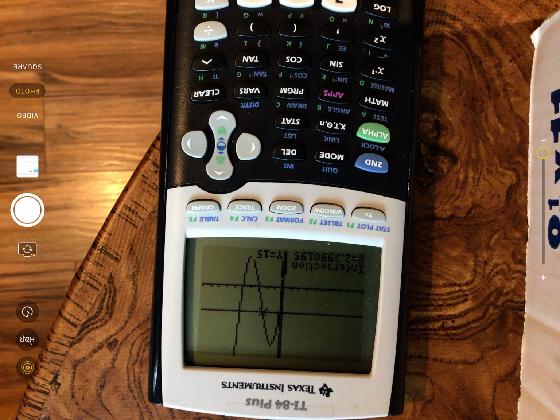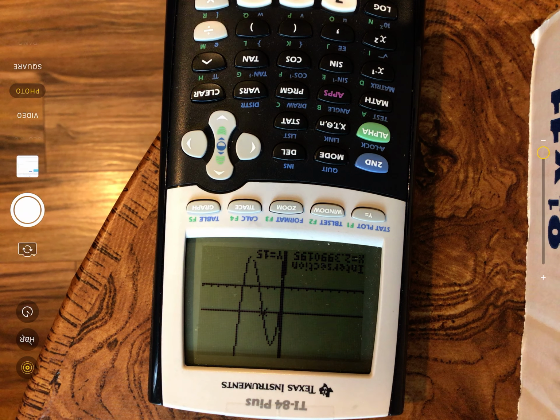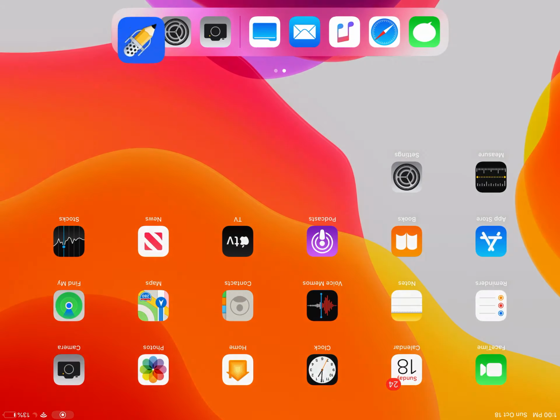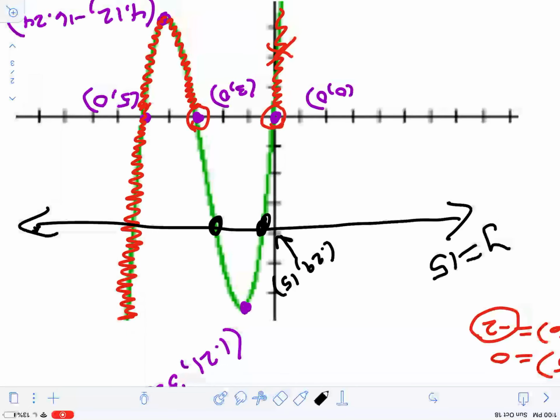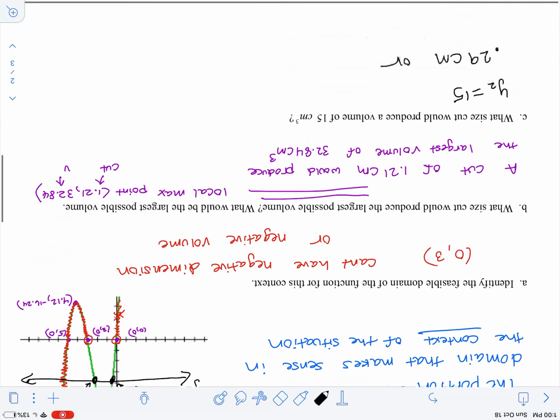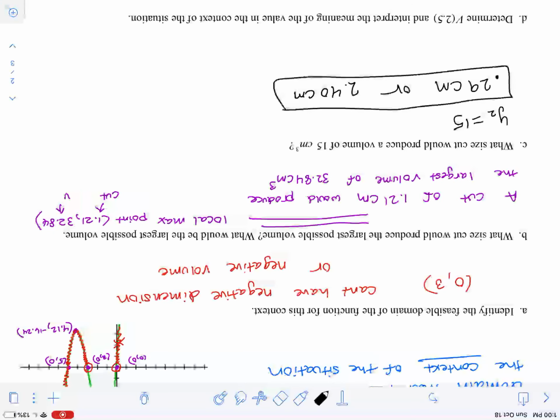And that tells me 2.399, which if I round to the nearest hundredth is 2.40. So I'm going to go label that point right here on my graph again. That is at 2.40. And that tells me that a cut of 2.40 centimeters would also give me a volume of 15 centimeters cubed.